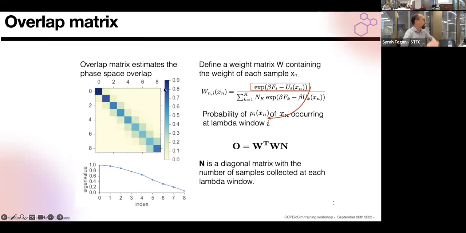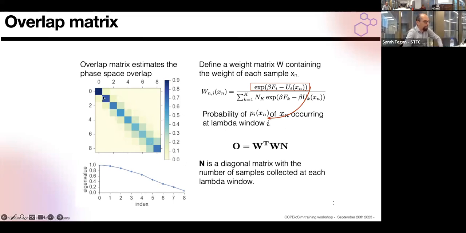Typically what happens is, because of the way we build the lambda coordinates, the states that are closer in lambda are more similar. And so there's a greater likelihood that whatever they've seen in their simulation is also relevant to what you would have seen in a simulation at a nearby lambda value. So you often end up with this kind of tridiagonal structure where the probability rapidly vanishes.